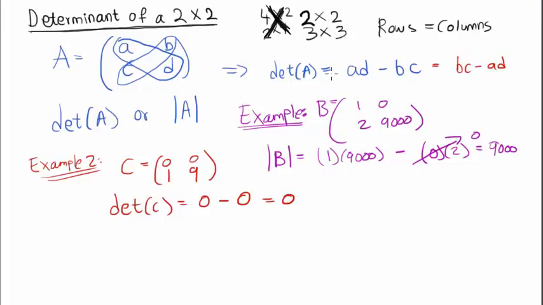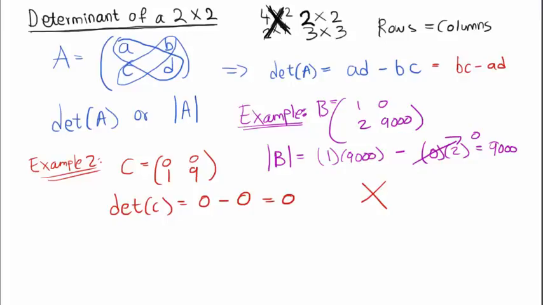One of the ways I remembered when I was first learning how to take a determinant was that I'm right-handed, so when I make an X, I make this diagonal first and then this diagonal. That's how I remembered which diagonal to multiply first. So the determinant of a 2 by 2 matrix is simply this.